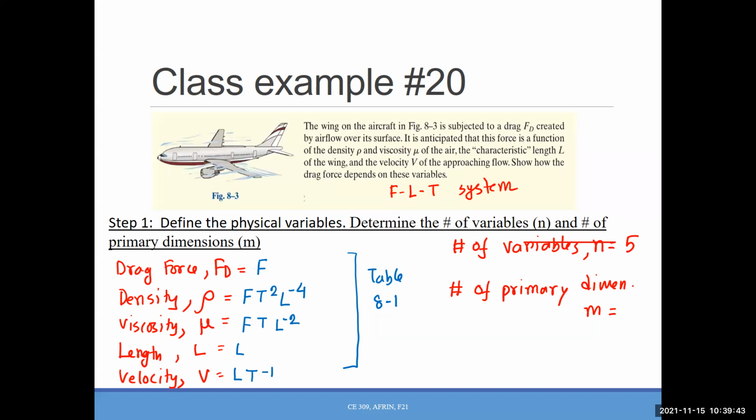So how many different primary dimensions do we have? We have F, we have L, we have T. So what is the number of primary dimensions here? 3.